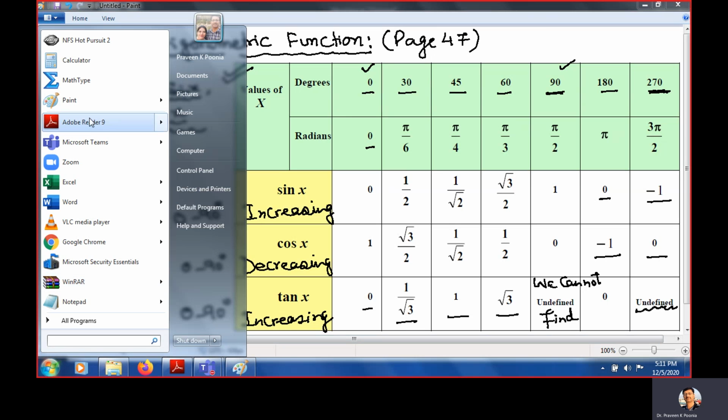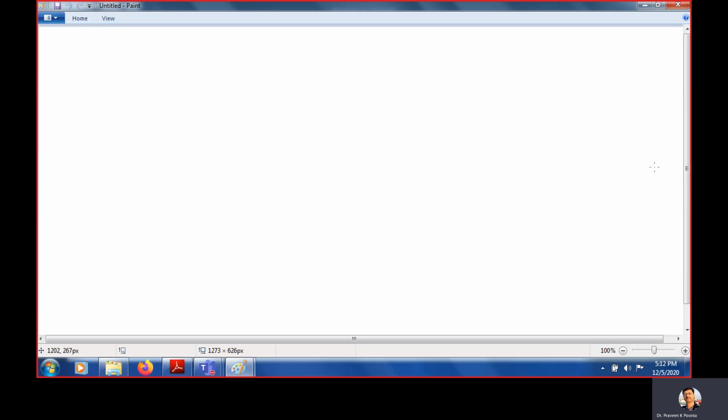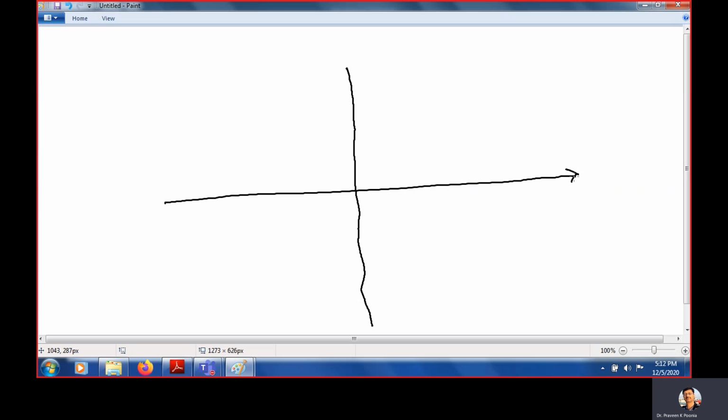One more thing I want to tell you about the trigonometric functions. If we divide the xy plane in a trigonometric way, here is x, here is y, here is 0 degree, here is 90 degree, here is 180 degree, here is 270 degree, and here is again 360 degree.